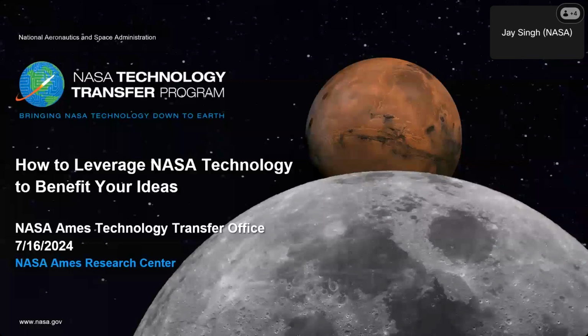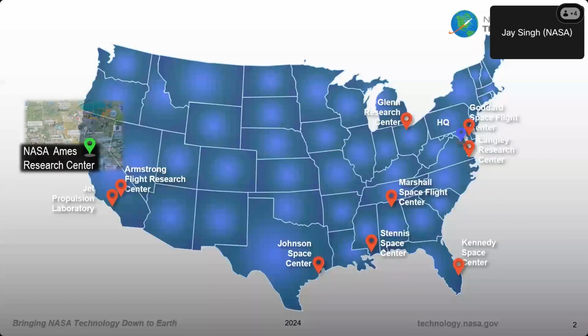So the NASA Technology Transfer Program has 10 different programs, or it's all one program, but it's located at 10 different centers throughout the United States. And here are the centers.